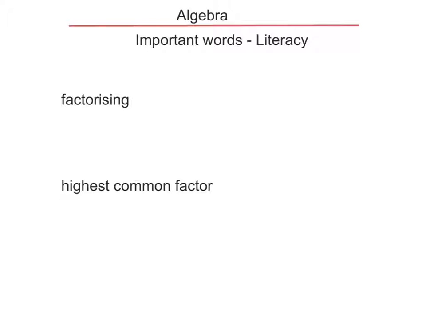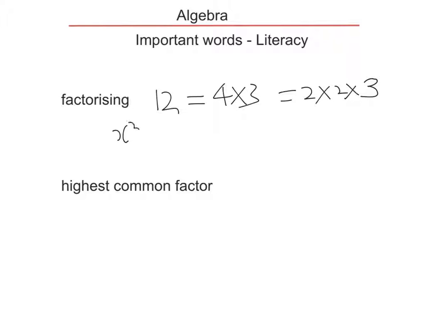When you factorise, that means splitting something up into two multiples or more. So example, 12 factorises into 4 times 3. It also factorises into 2 times 2 times 3, and we would say that's better. If I've got also x squared plus 5x plus 6, I can actually factorise that into (x plus 3)(x plus 2).